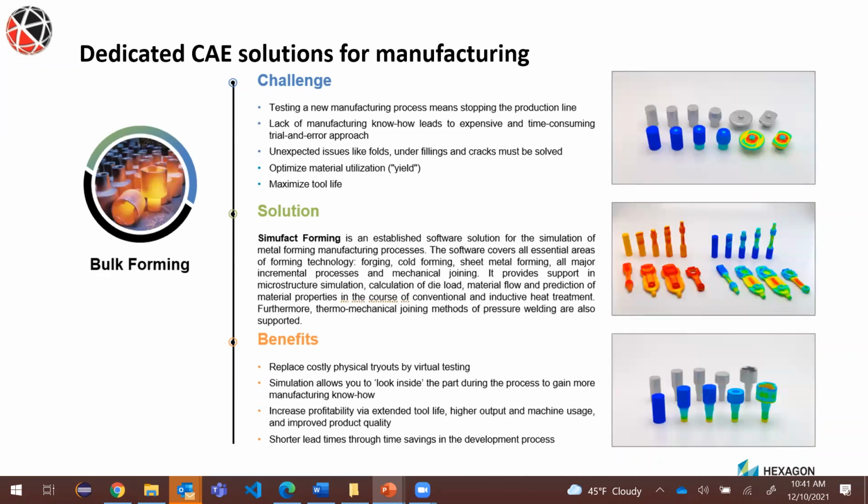Classic bulk forming. This was 30 years ago. You saw the first software to be able to do these kinds of applications. Now it's pretty much standard practice for things like forging, hot forging, all kinds of different bulk forming, extrusion operations. What you need are tools that are verticalized that a manufacturing engineer can use to simulate these things and get useful results out of it.